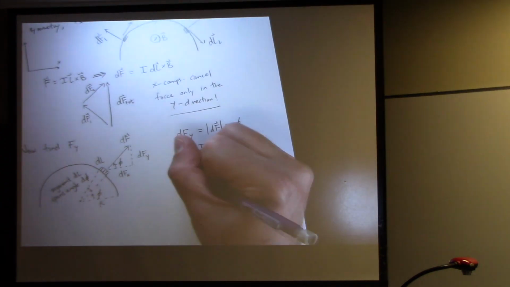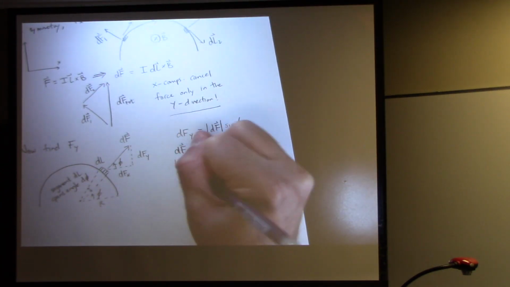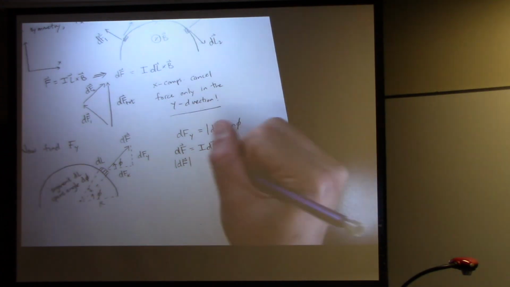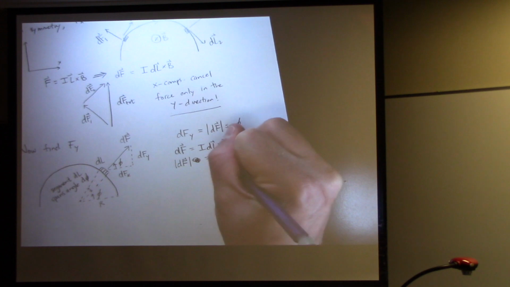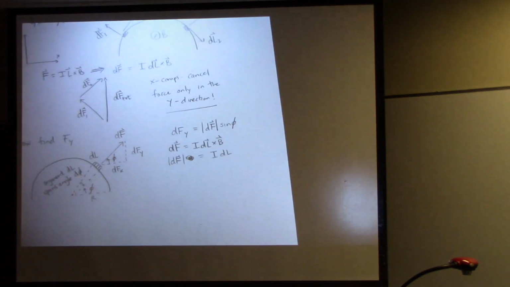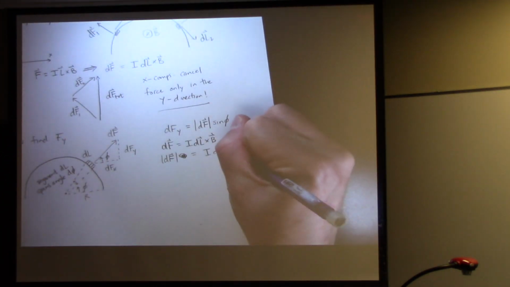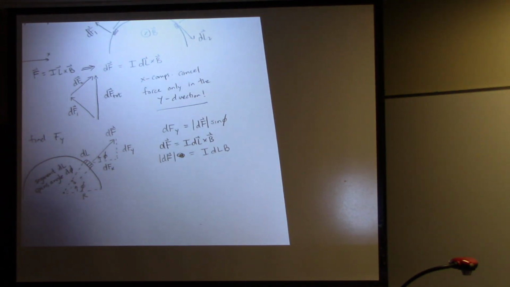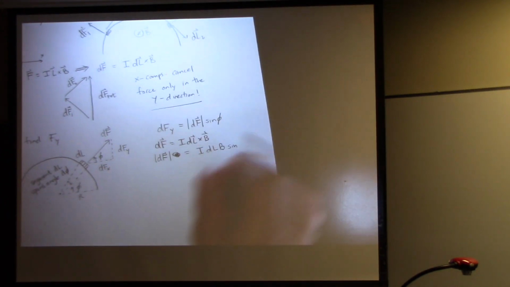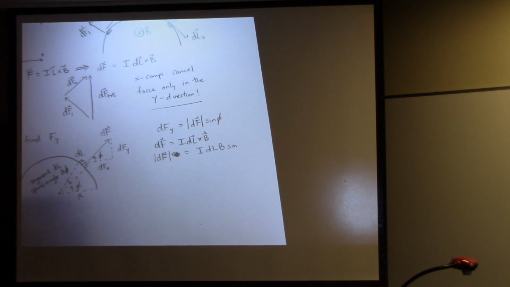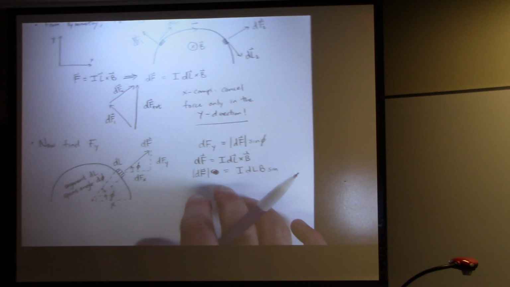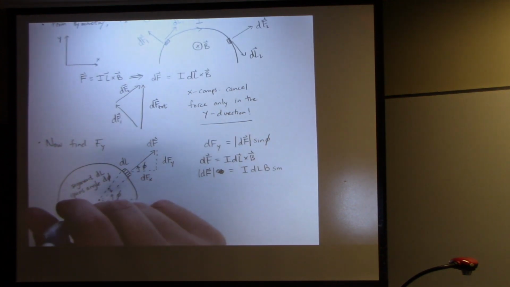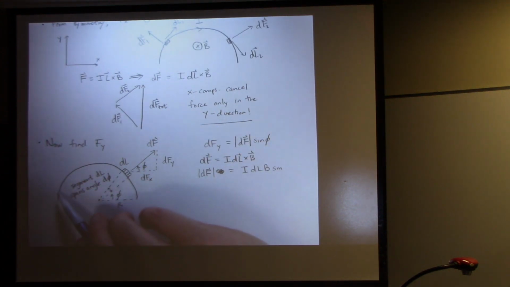And so the magnitude of this vector, just like the magnitude of any cross product that you ever do, is equal to I times the magnitude of dL times the magnitude of B, and then times the sine of the angle between them. Now let's actually think about what is the angle between dL and B. Well, B is always going into the page, and then dL is always in the plane of the page, right?